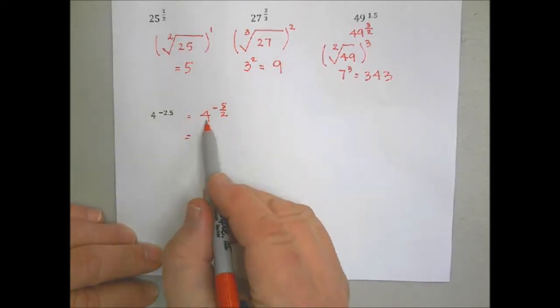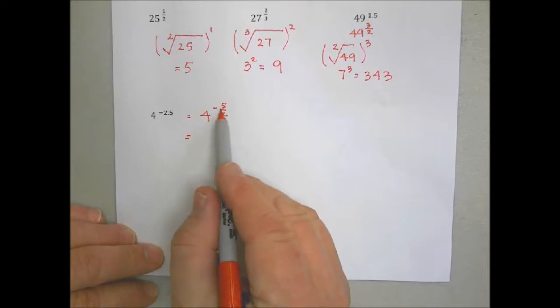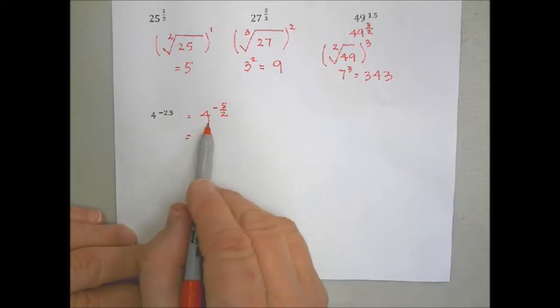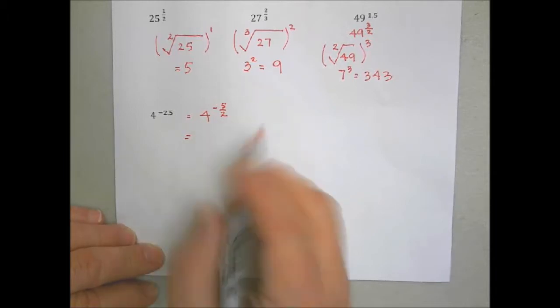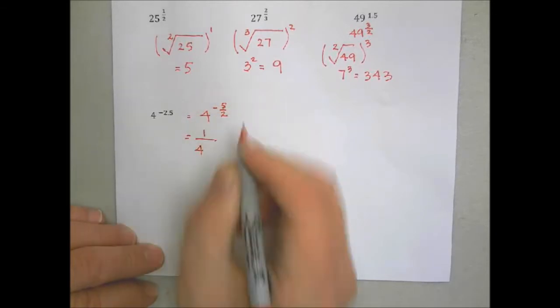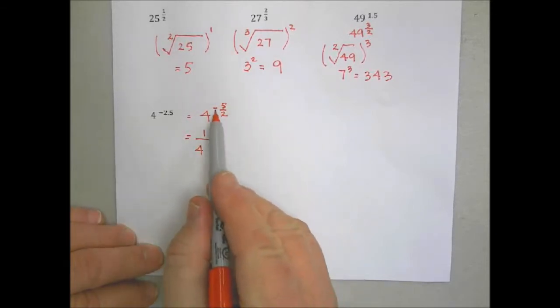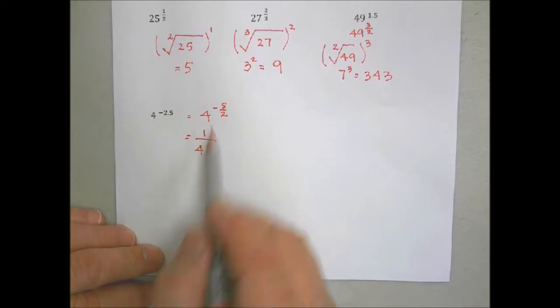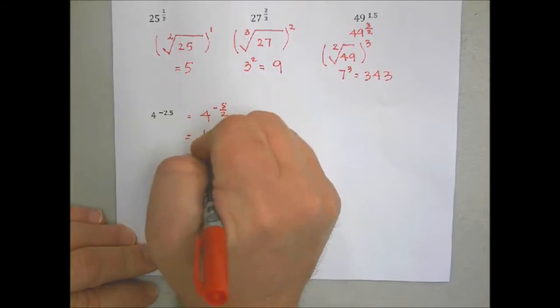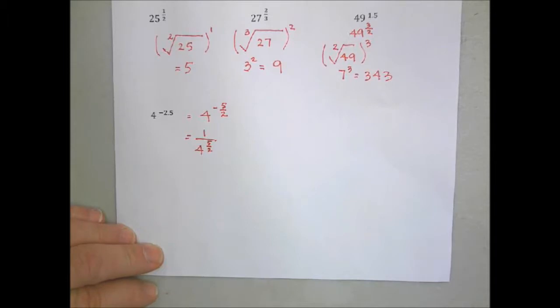Anytime you have a negative power, the base, if it's up in the top right now, which it is, it drops down and it makes a fraction. So this would be 1 over 4. Now, once that negative has done its job, and its job is to throw that 4 down in the bottom, it's not negative anymore.